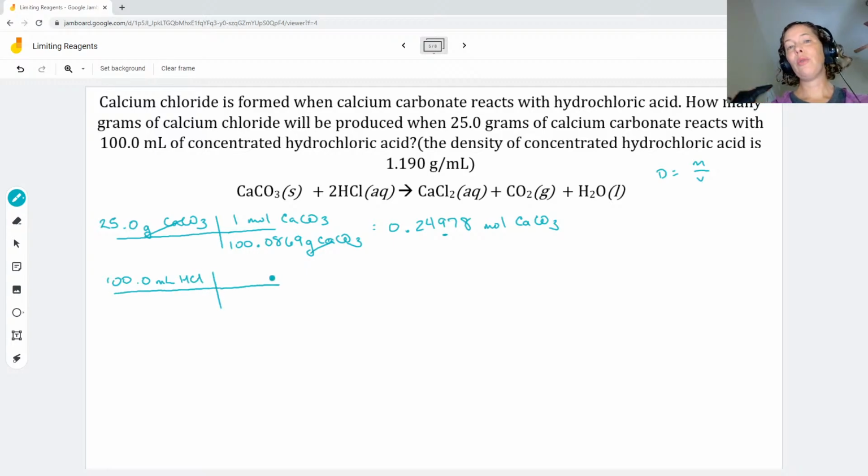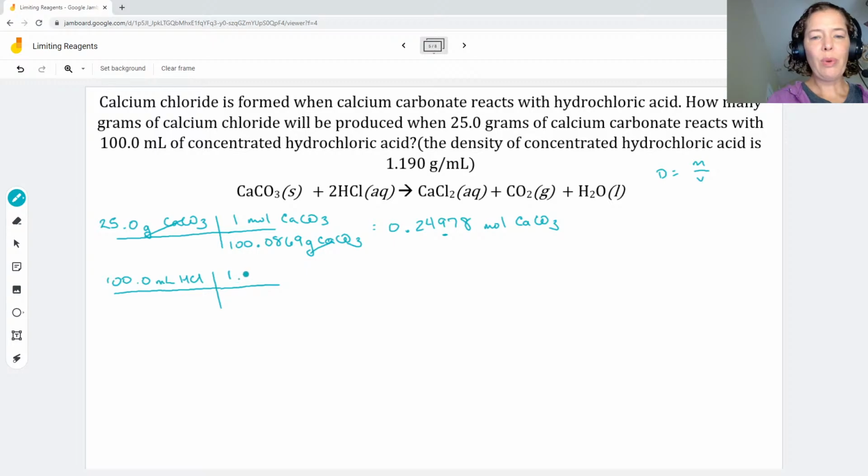I want to cancel my milliliters. Ideally, I'd like to go to moles, but I can't go straight to moles. However, I can go from milliliters to gram using the density, because density helps us to convert between volume and mass. So I just want to make sure that my milliliters ends up in the denominator here.